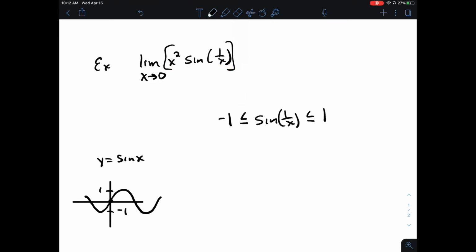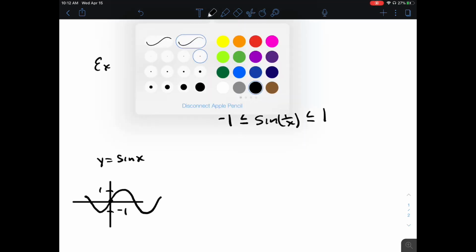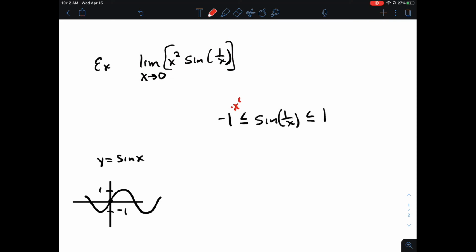Using algebra properties, we can multiply every term by an x squared. So I'm going to multiply this by x squared, this by x squared, and this by x squared. If I do that, I get -x squared less than or equal to x squared sine of 1 over x less than or equal to x squared.